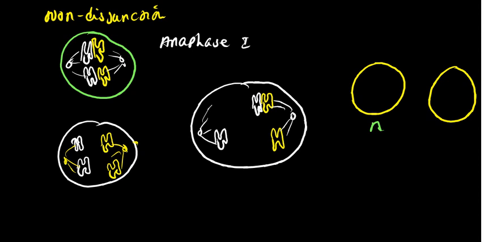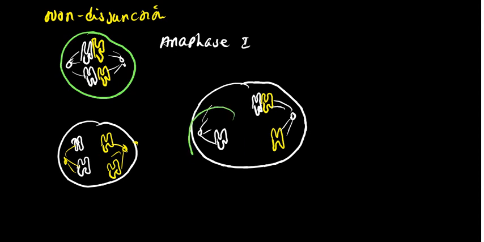But because there was non-disjunction, what we are going to see is this. Here we are in anaphase, then we have passed telophase. So in telophase, we have these two cells like that. These two cells will also enter meiosis II.